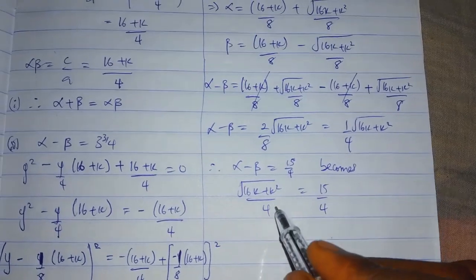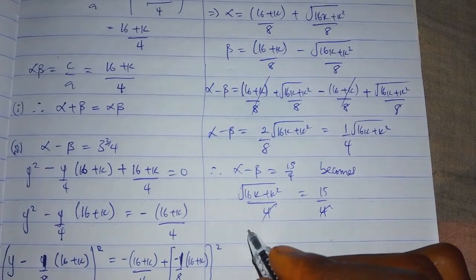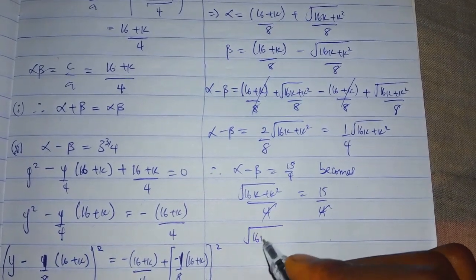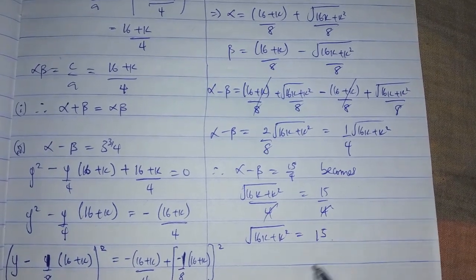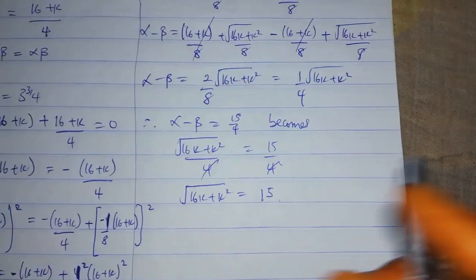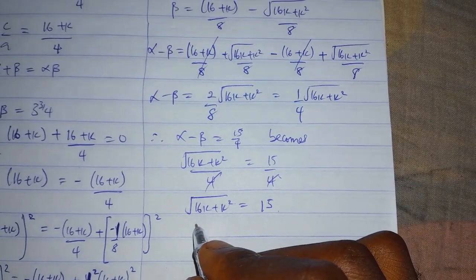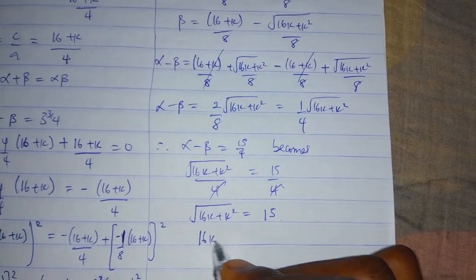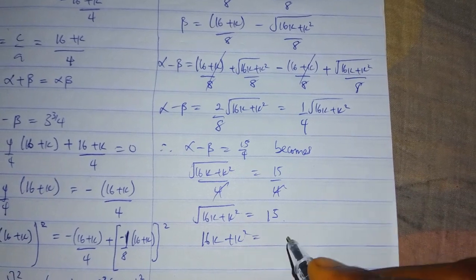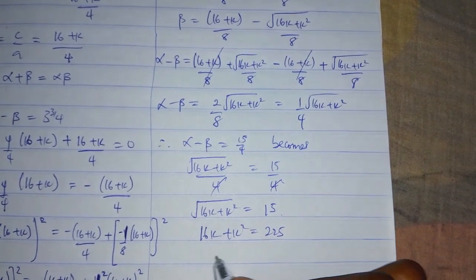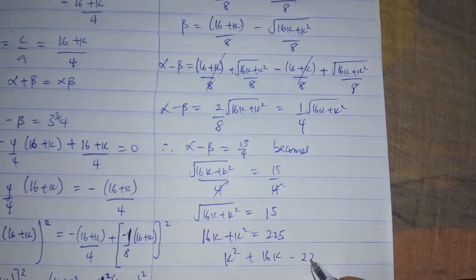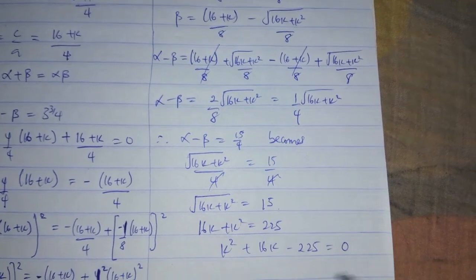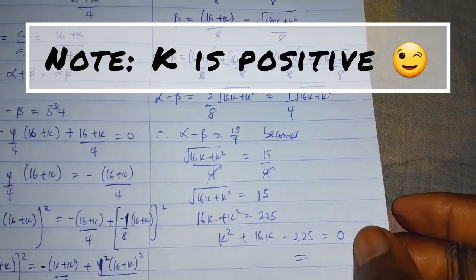Now we can see this cancels out, leaving us with what? 16k plus k squared equals what? 15. If you find the square of both sides, I'm going to have this as 16k plus k squared equals 225. Now from here, I believe you can solve the rest of the question. So from here you can get your answer.